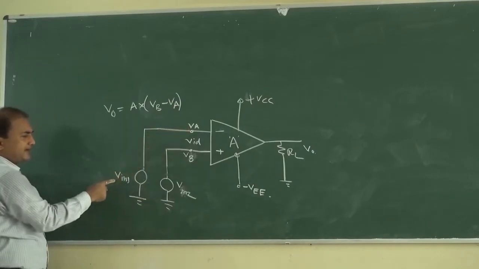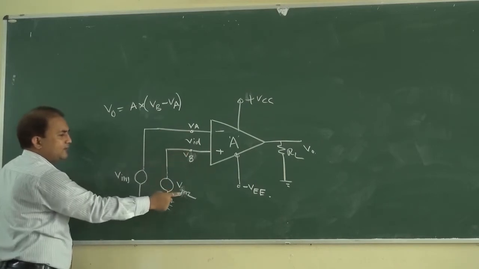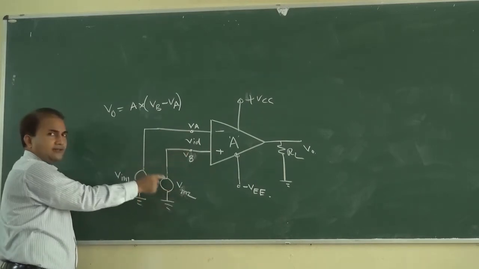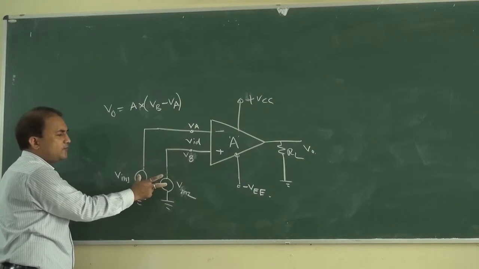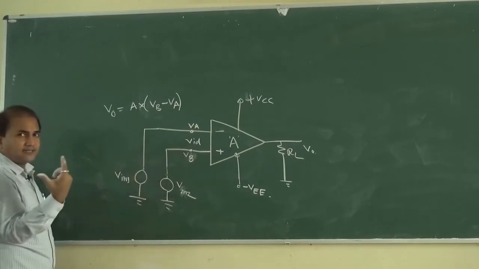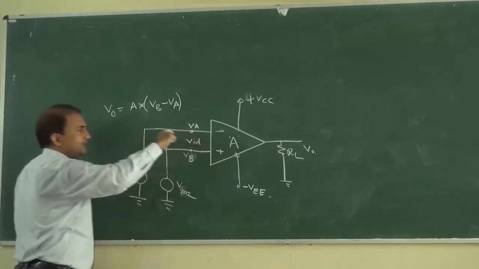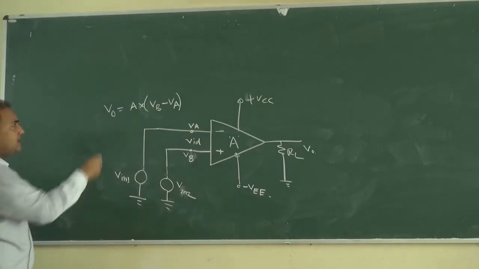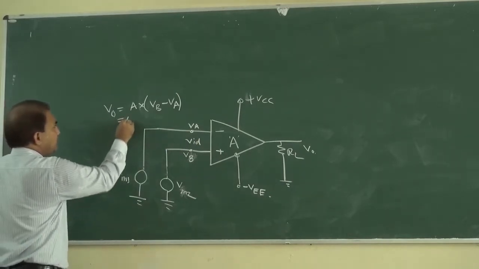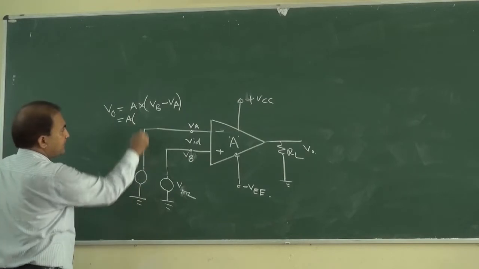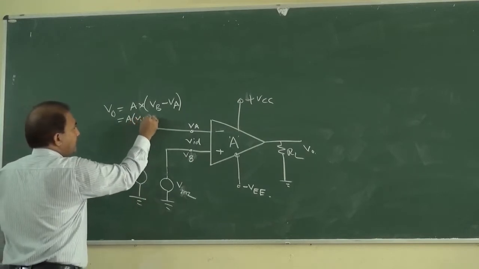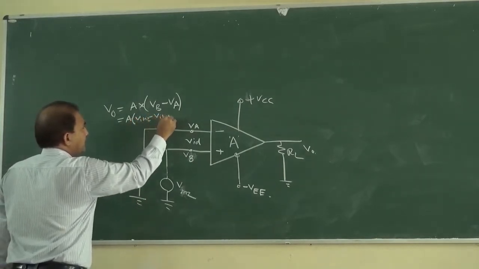So VA is equal to V in 1 and VB is equal to V in 2, if we ignore the internal resistance of these two voltage sources in comparison with the very high input resistance of the operational amplifier. Then V output is equal to A into V in 2 minus V in 1.